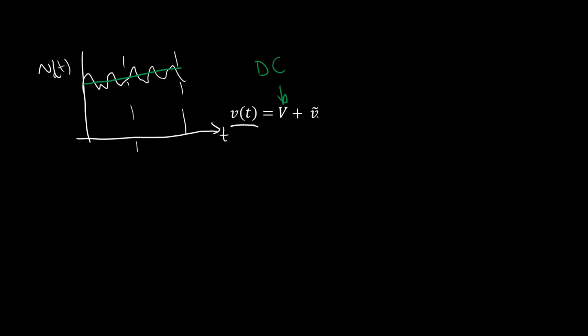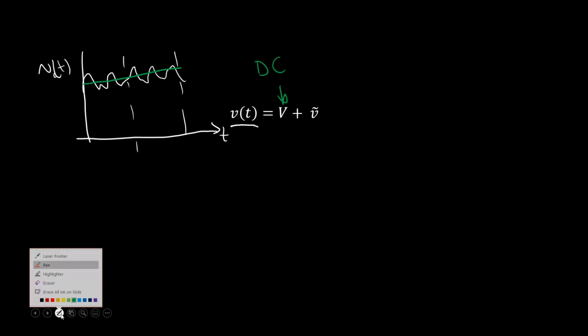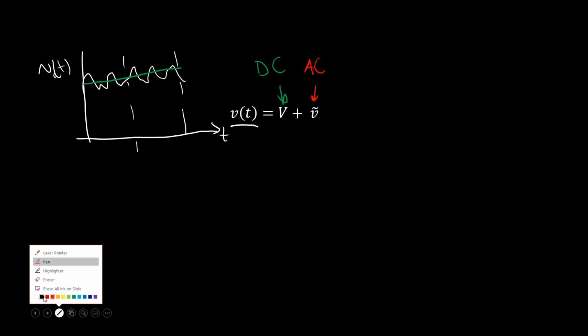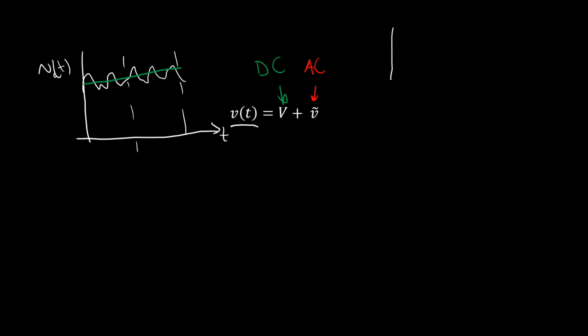And then the other bit, we write with lowercase and a little tilde on top. And this is the AC component. So we're dividing up our waveforms, our signals, into two bits, the DC bit and the AC bit. And again, we can explicitly draw this out. So maybe we have a DC bit and we have an AC bit.